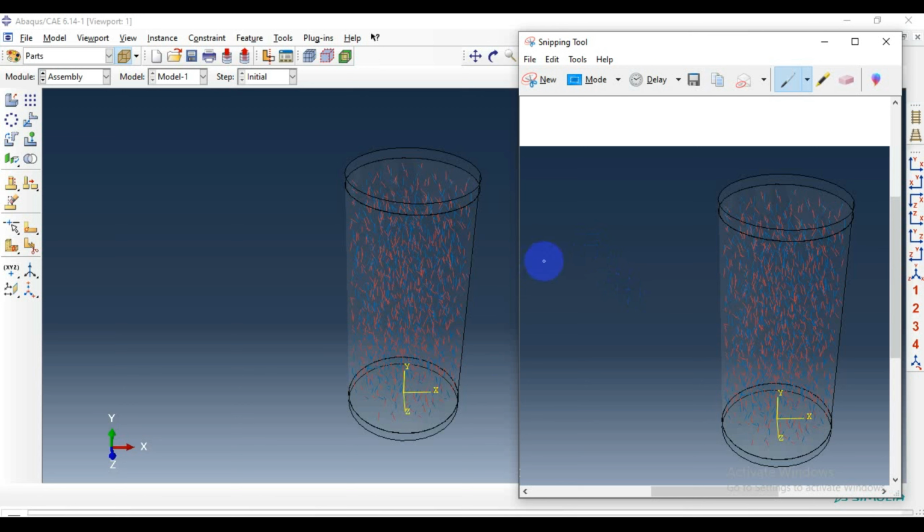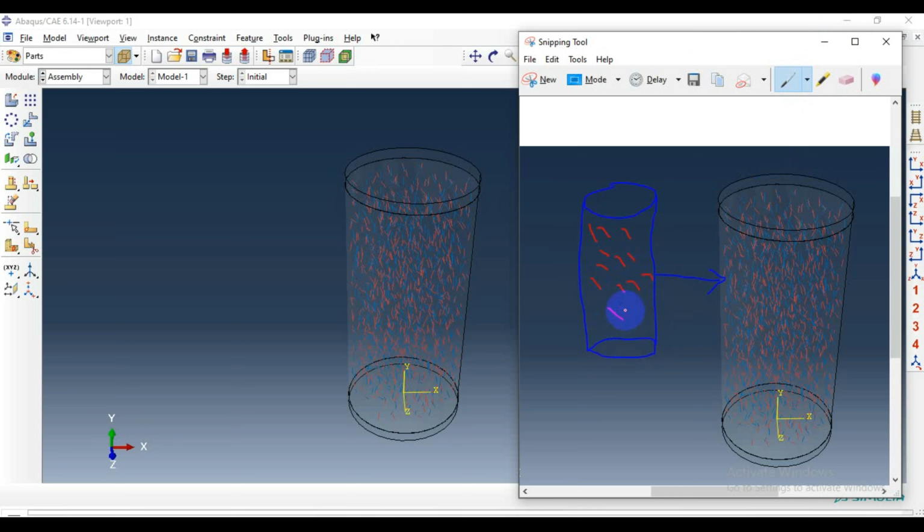For example, we have this concrete cylinder that is placed over here, and let's say the fibers are placed in this manner in one direction.